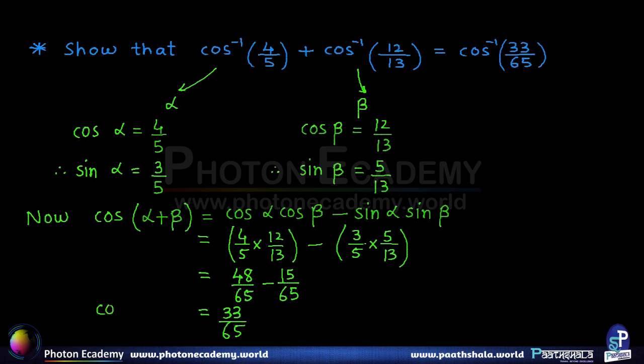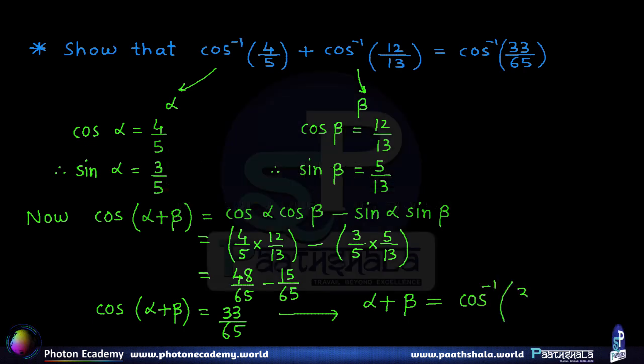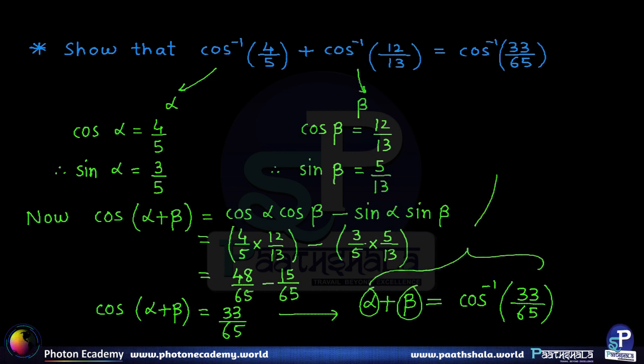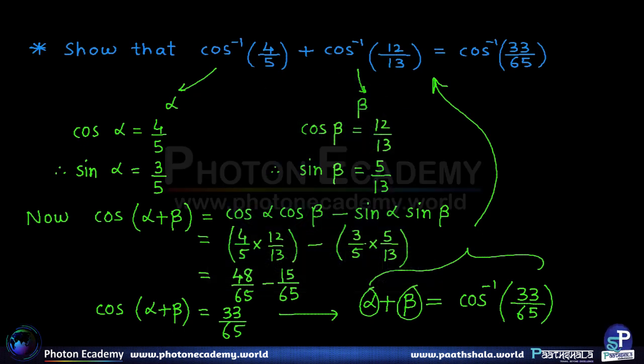So here you see we got cos of alpha plus beta equal to 33 upon 65. Therefore we can say that alpha plus beta is nothing but cos inverse of 33 upon 65, and substituting the values of alpha and beta, we get the required relation proved. So that's the proof. Let's see another example.